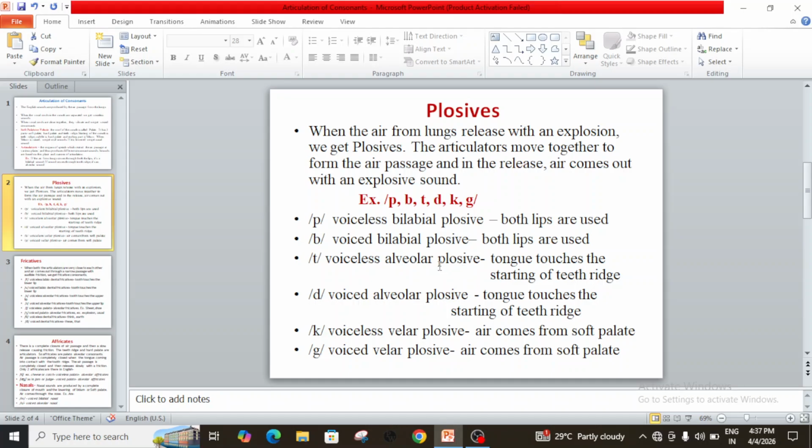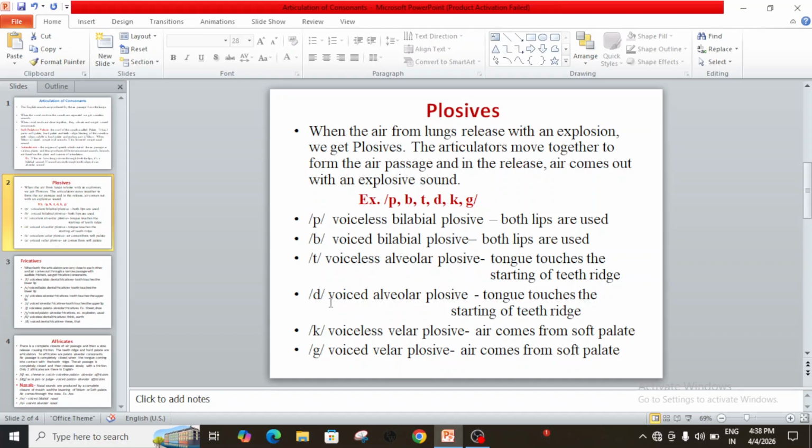It's alveolar because in the pronunciation of T, our tongue touches the starting of the teeth ridge. Alveolar means related to the teeth ridge. So it is called an alveolar plosive voiceless sound.